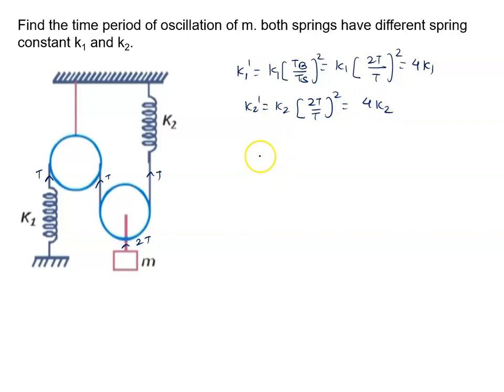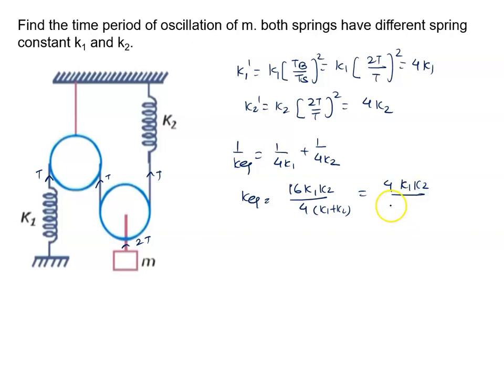We will assume both springs are connected in series, so 1 upon K equivalent is given by 1 upon K1 dash plus 1 upon K2 dash. So K equivalent is written as 16 K1 K2 upon 4 common, K1 plus K2, or you can say 4 K1 K2 upon K1 plus K2.